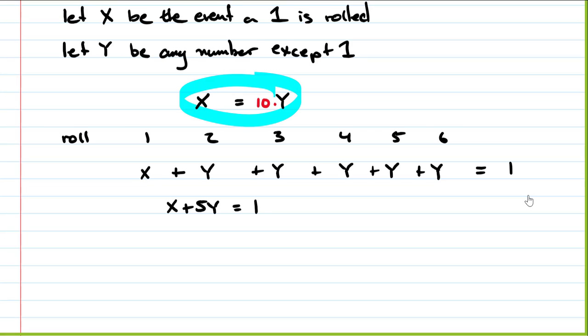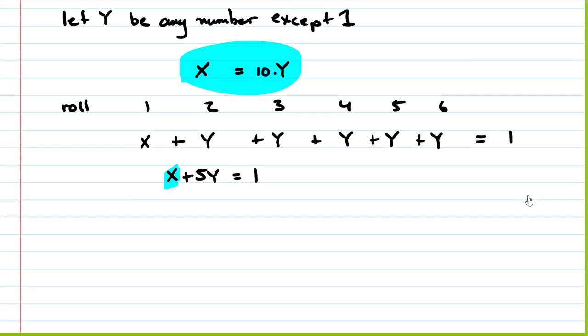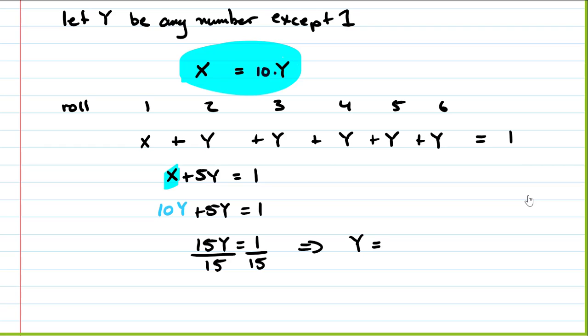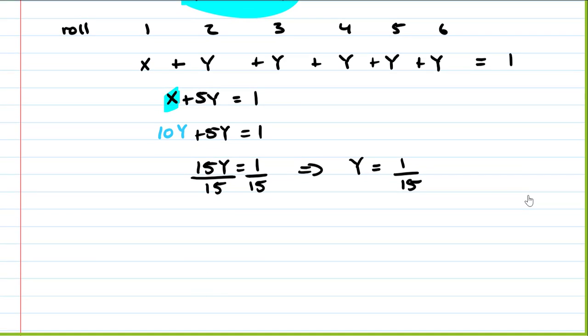So using substitution, that x is the same as 10y, that gives us 10y plus 5y is equal to 1, or 15y is equal to 1. Divide by 15, divide by 15, so we get y is 1 over 15.